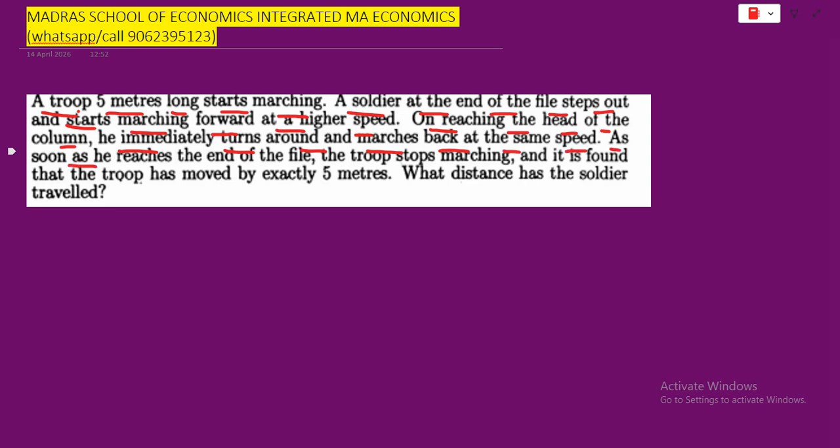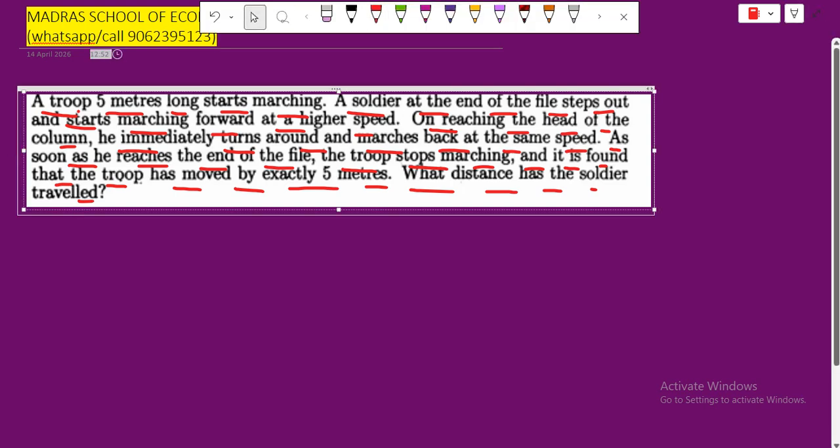As soon as he reaches the end of the file, the troop stops marching, and it is found that the troop has moved by exactly 5 meters. Now, what distance has the soldier traveled? This is a very nice question.